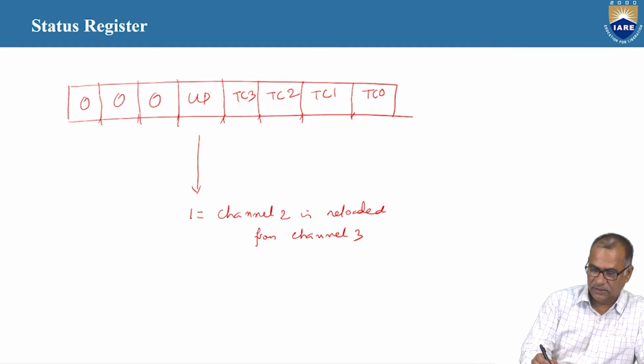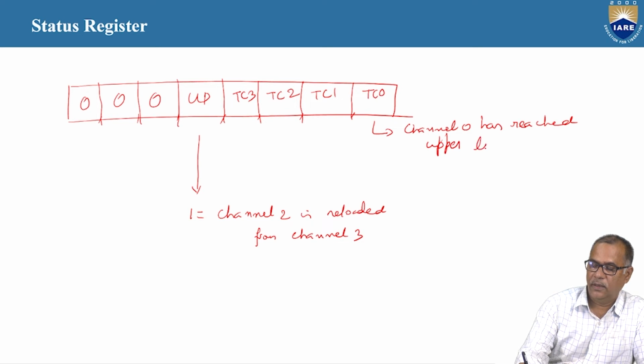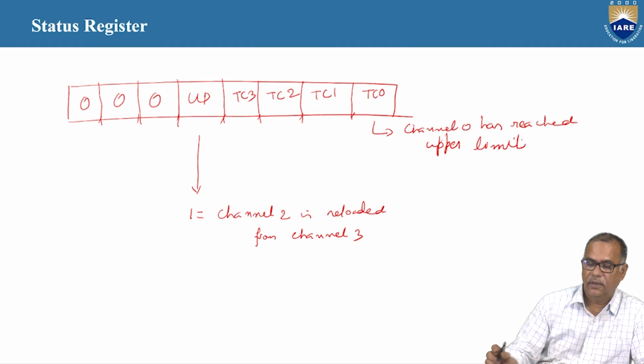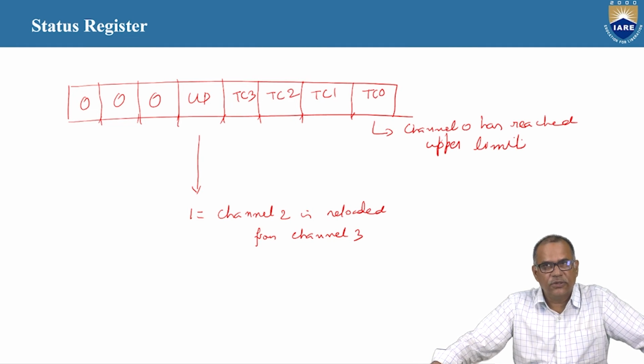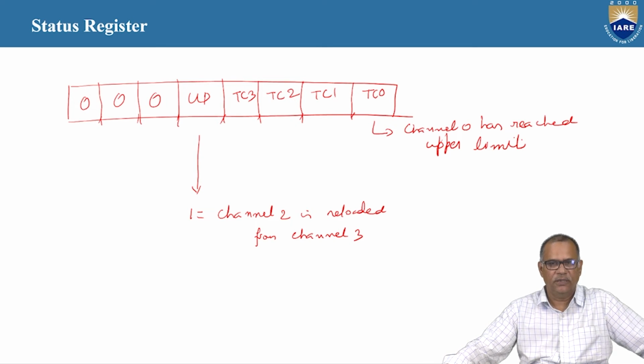If TC0 is 1, it indicates that channel 0 has reached upper limit. If TC1 is 1, it means that channel 1 has reached upper limit. Similarly, if TC2 is 1, it means that channel 2 has reached the upper limit, and similarly for channel 3.